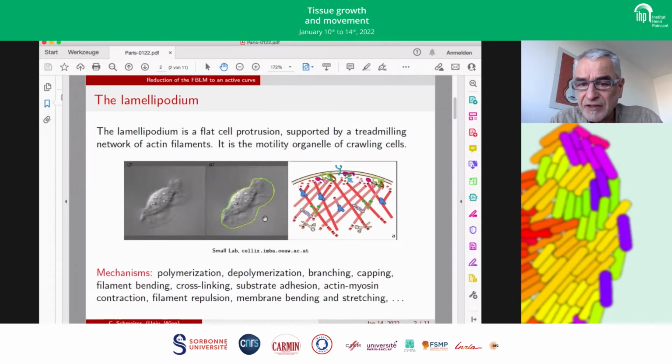However, already for quite a long time, there have been certain ideas about what's going on in the lamellipodium, and this cartoon, which I put here on the right, is actually rather old, and it collects some of these ideas. The main structure supporting the lamellipodium is filaments, polymer filaments of the protein actin.